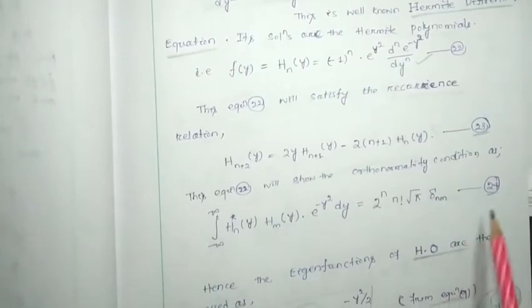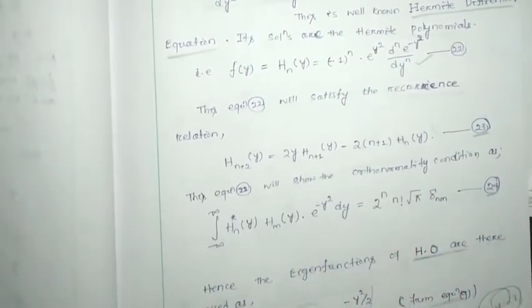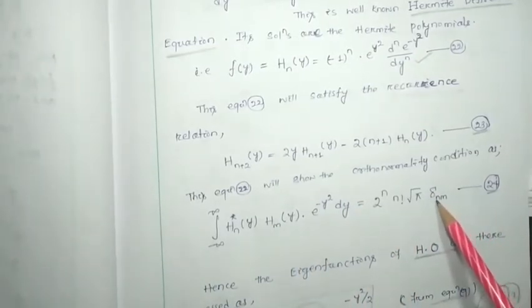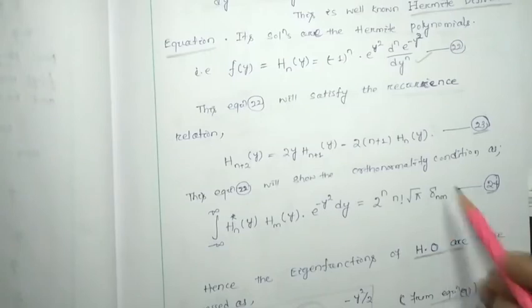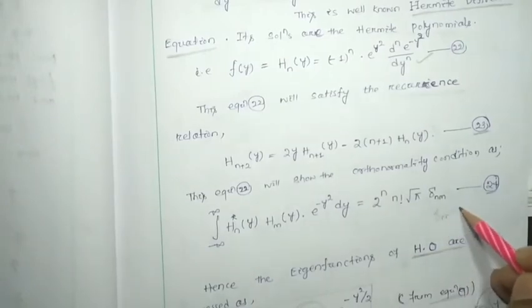From equation number 24, this is the Kronecker delta, so if n equal to m, delta nn will be equal to 1.